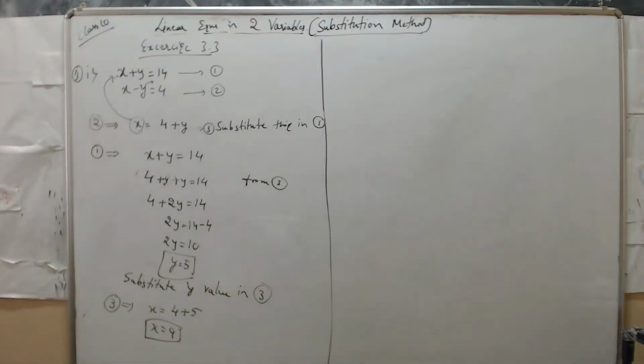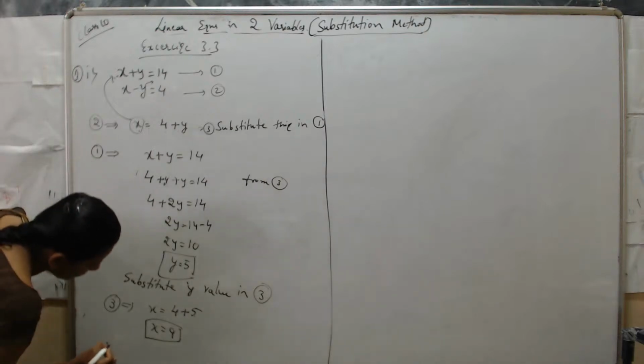Therefore, what are the solutions of the equation? 9 comma 5. Solve the linear pair of equations by substitution method.